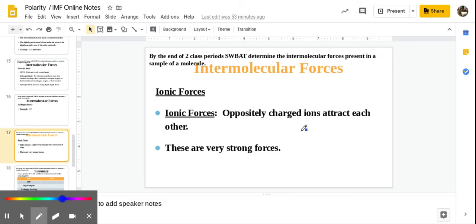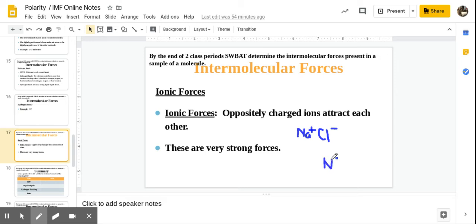So here we have, let's just use salt, our favorite ionic compound. So we have Na, which is full positive. We do not have a slight sign anymore. And we have Cl, which is full negative. And then let's say we have another Na, still full positive, and full negative.